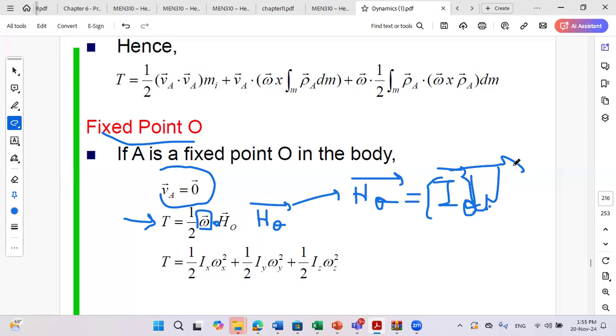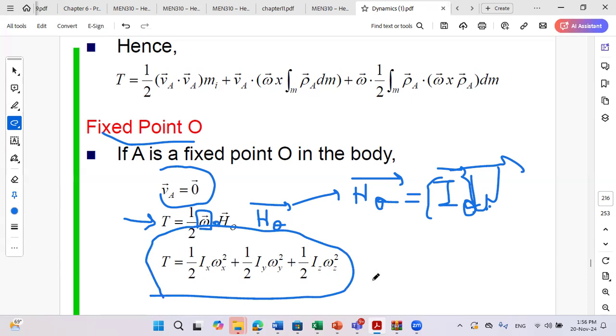So in case you select X, Y, Z in a way to have principal axes of rotation, so no product of inertia, then when you do IO times omega, you will get that the kinetic energy is half Ix omega x squared plus half Iy omega y squared plus half Iz omega z squared.